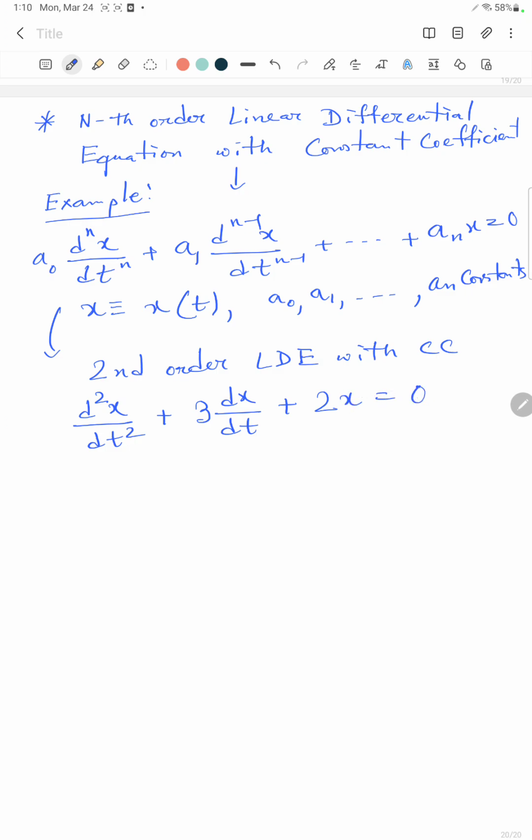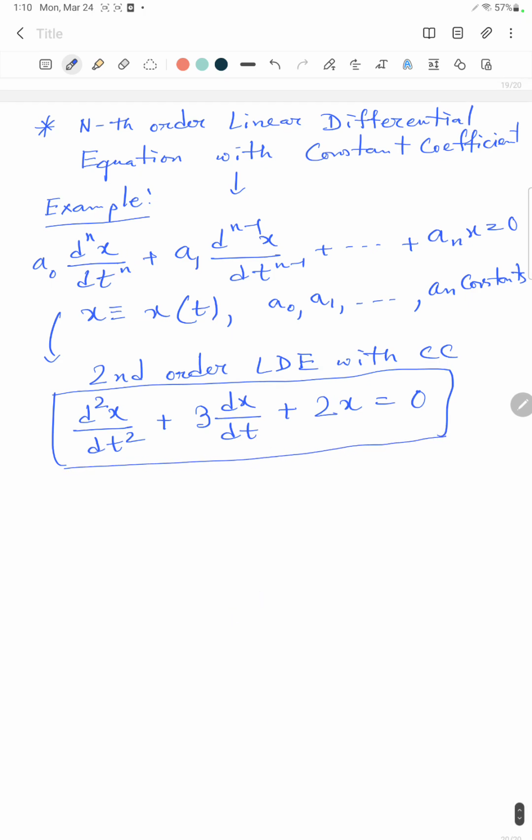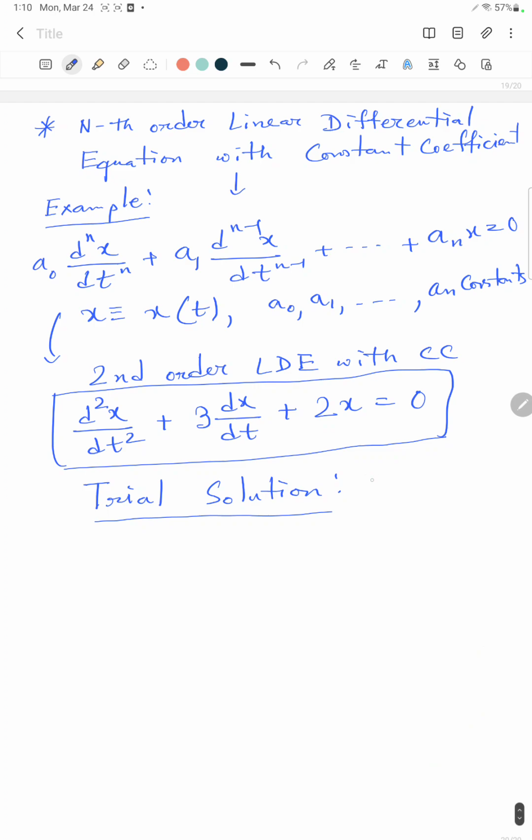Now, while solving this type of differential equation, we often encounter in textbooks that there is a trial solution to this type of differential equation, which is of the form x equal to e to the power mt, where m is a constant.